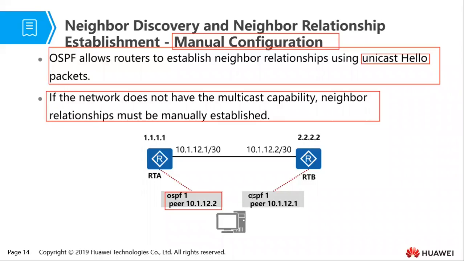You go to the OSPF process, OSPF 1, then you use the peer command, then the IP address of the interface of your neighbor to which you're connected. We simply enter the IP address, only the IP address and not the mask. So peer 10.1.12.2. Then you also have to do the same on RTB. That is how manual configuration is done.